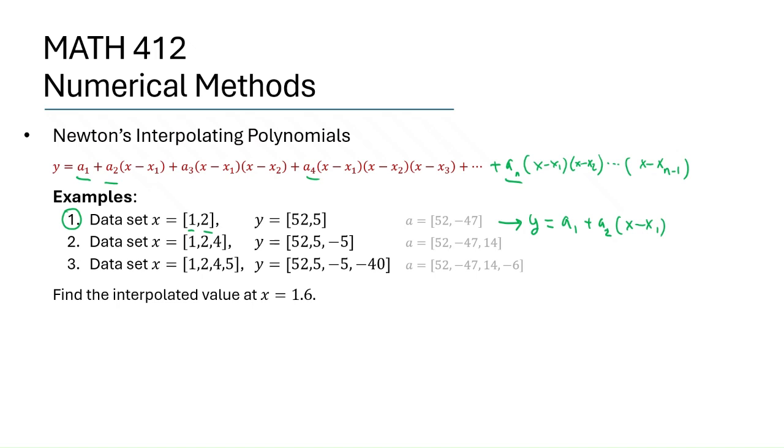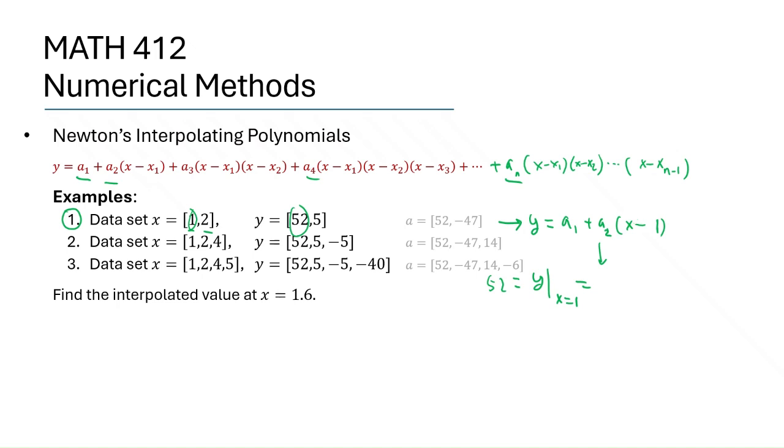When x is x1, which is 1, we know the value is 52. Now this term disappears, right?